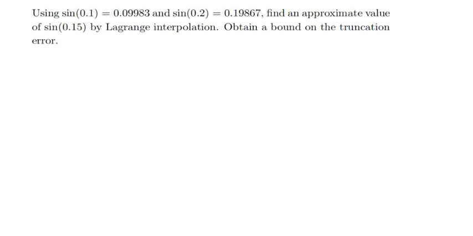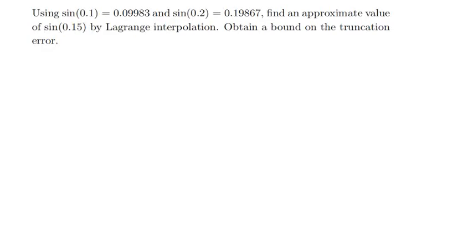Hi, so let's take a look at linear interpolation, and with me here is a very interesting question. It says using sine of 0.1, which gives us 0.09983, and sine of 0.2, which gives us 0.1819867.